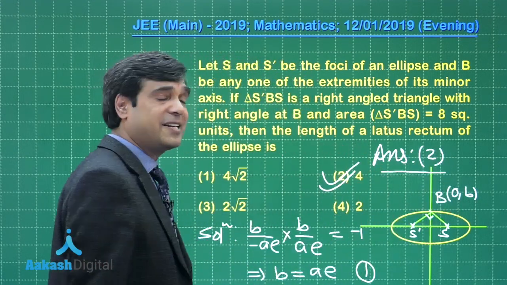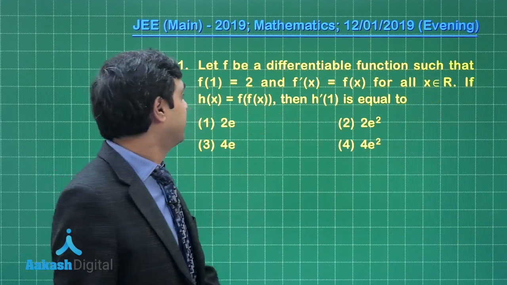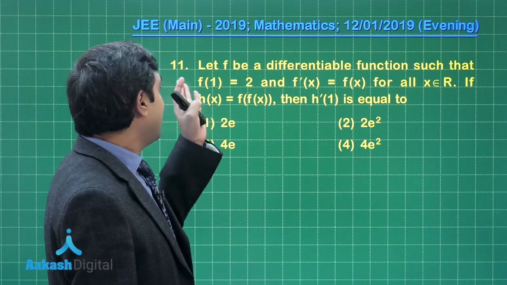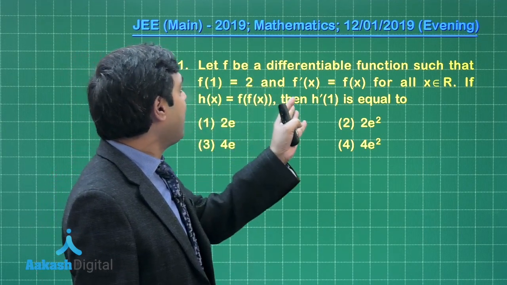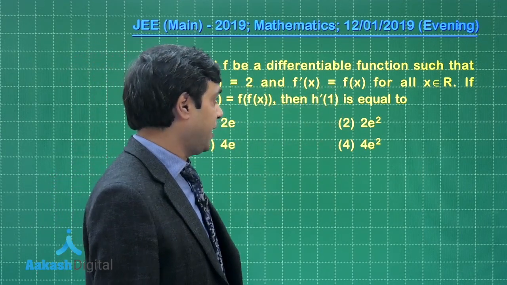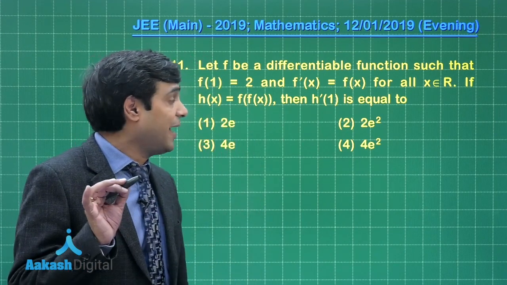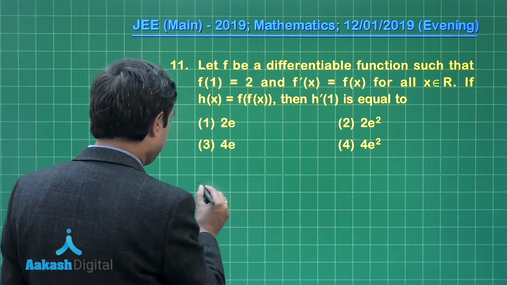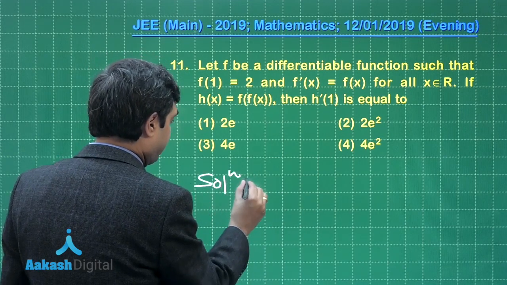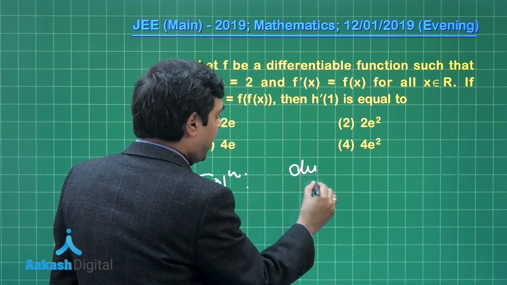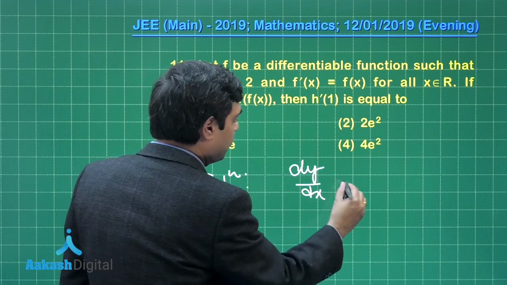Let us move on to the next one, that is the 11th question. Let f be a differentiable function such that f(1) is 2 and f dash x is equal to f(x). If h(x) is f of f(x), we have to find h dash 1. Let us start. It says dy by dx is equal to y.